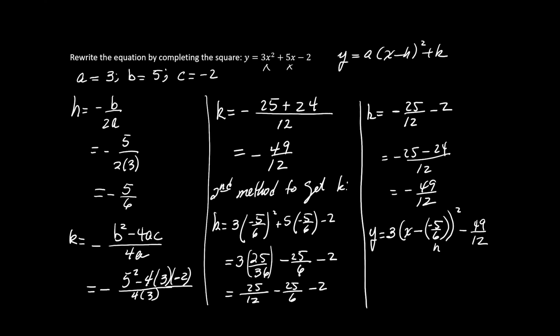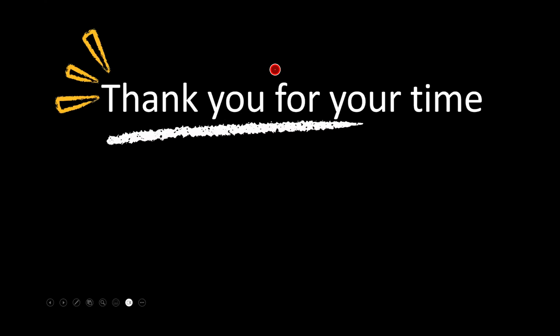Well, the minus and the minus here cancel to give me a plus, minus 49 over 12. And there's the answer. This is completing the square for this equation right here.